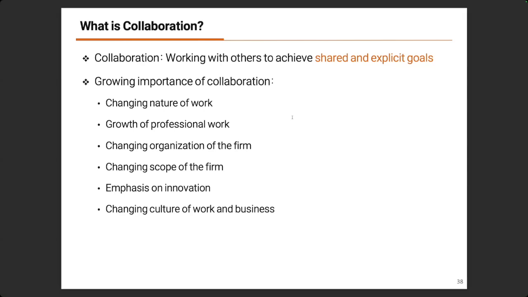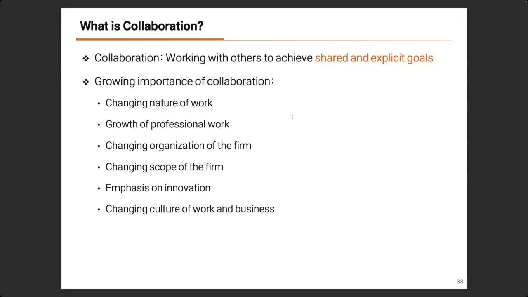These changes in the organization of the firm lead to more collaboration in an organization, and collaboration can help the organization make more profits and more innovative and effective products. So this is one of the reasons.